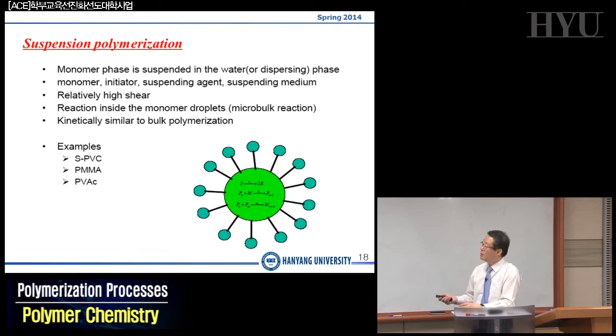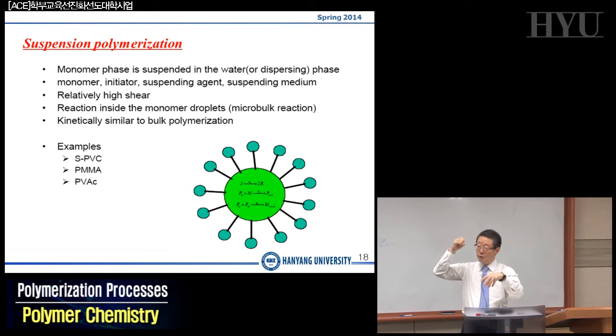In other words, if you have water and you put in your monomer, which is not soluble in water, and put in the initiator, which is also not soluble in water, and if you add the detergents, then you make some sort of suspension like this.